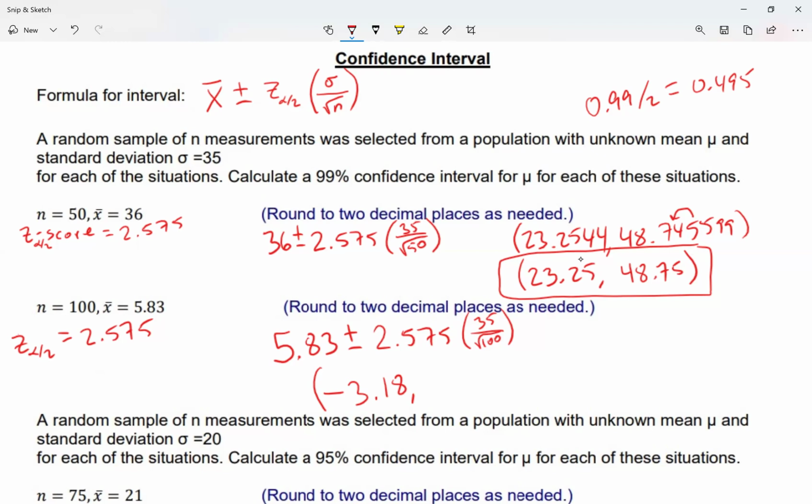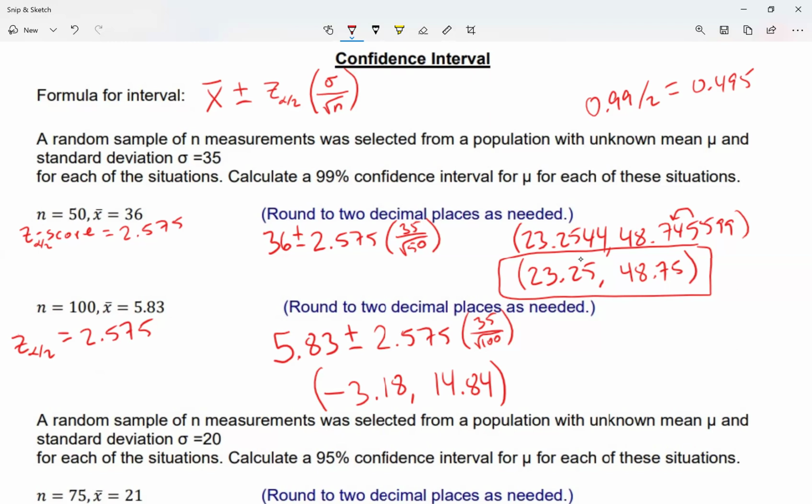Good, that's not bad. Negatives are numbers, so it's fine to have a negative. Now let me use the plus for my big number. 5.83 plus 2.575 times 35 divided by the square root of 100. My answer, I'm going to round it to 2 decimal places. I get 14.84.